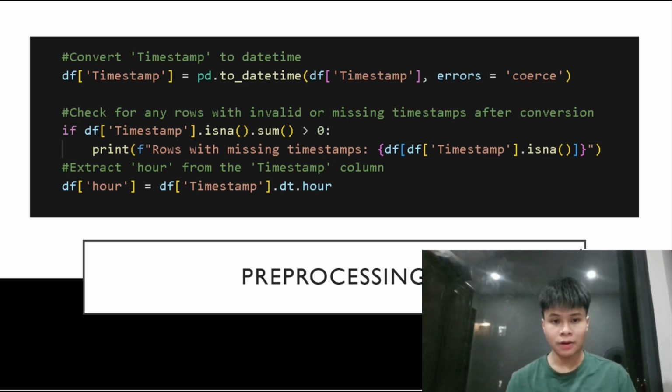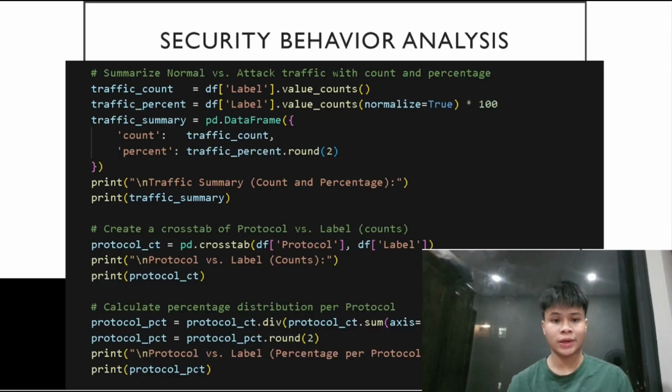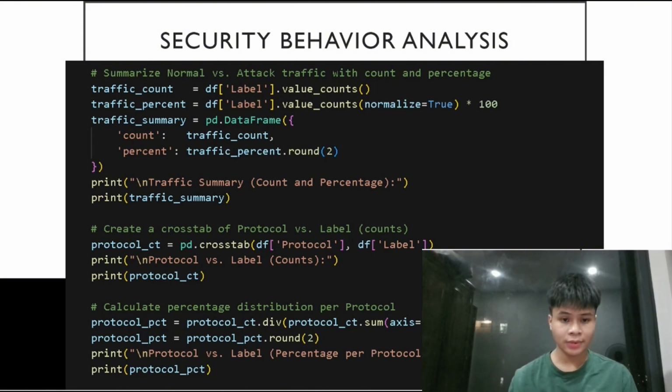Now let's look at what we learned from analyzing the security behavior. We examined which ports were targeted most, like port 53 for DNS attacks.